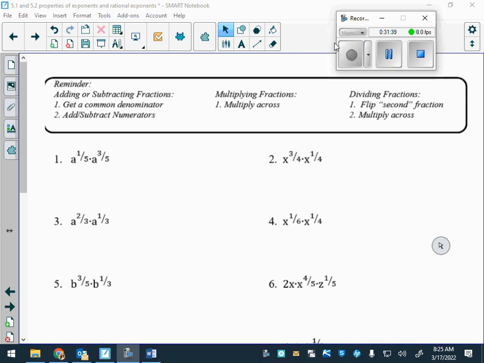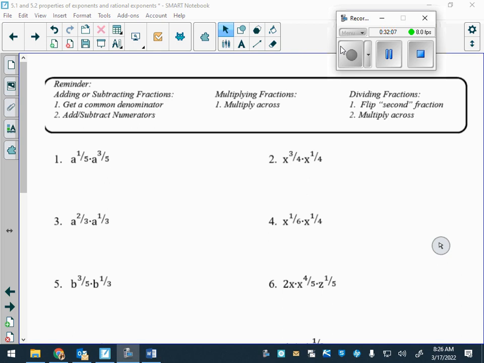Okay, so the first one is good. 8 to the 4/5 is correct. Good, excellent. Number 2 is just x. Nice job. Number 3 is just a. Correct. And number 4 is x to the 5/12. And number 5, b to the 14/15.